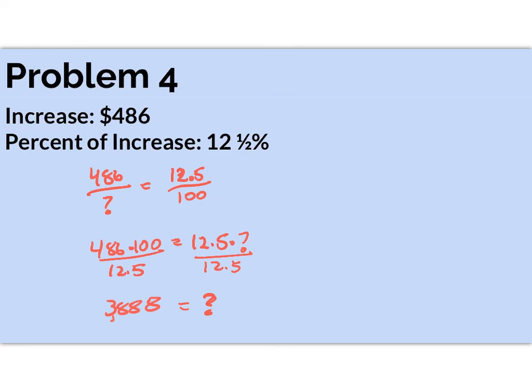So now we're going to add 486 to this to get the new amount, which will give us 4,374. So this is our original amount because the formula gives you an original amount, and this is our new amount.